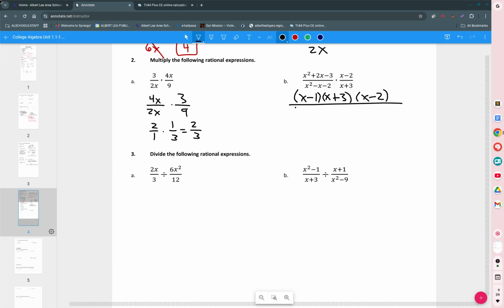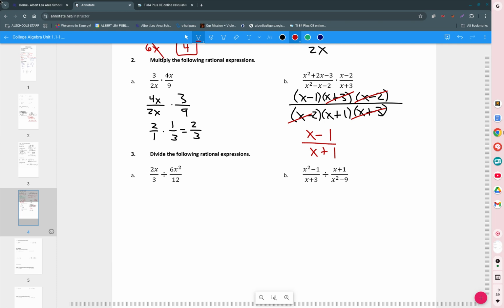And the bottom obviously factors to an x minus 2. And now that it's all written in factored form, we're allowed to reduce to 1. Notice the x minus 2's and the x plus 3's. And we get x minus 1 over x plus 1.